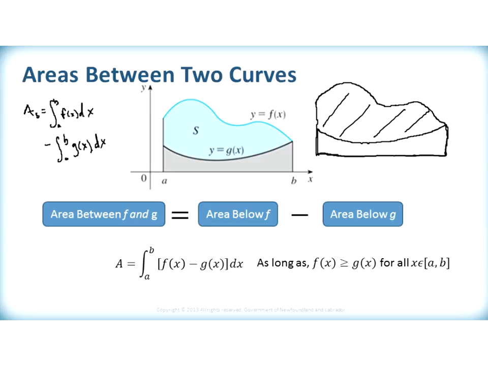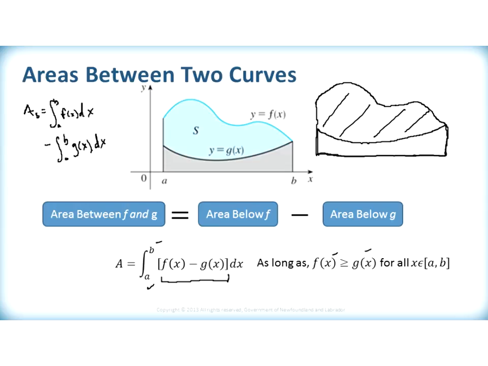But since we have rules for integrals that we saw before that say the sum or difference of integrals is equal to the integral of the sum or the integral of the difference, we can combine them into one definite integral from a to b of f of x minus g of x. And this is going to work as long as f is the function that's above g.